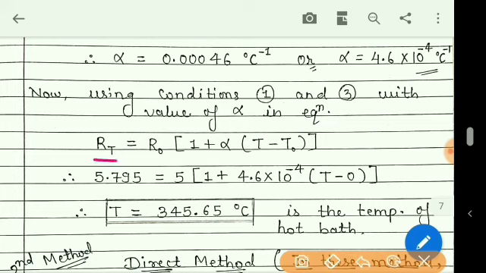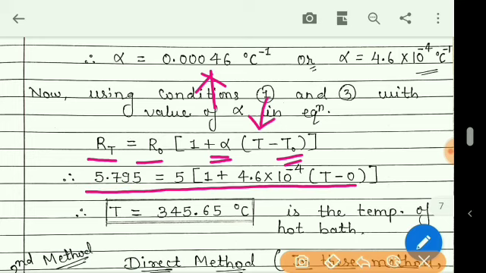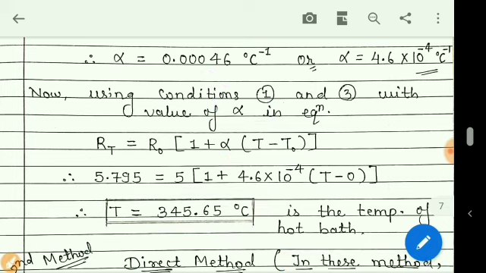That means this RT is given, R naught is given, alpha we have obtained here, T naught is given, that is 0 degrees Celsius, and the unknown is only T. So simply put the values, you will get the temperature of that hot bath to be 345.65 degrees Celsius. So students, I hope you understood this.